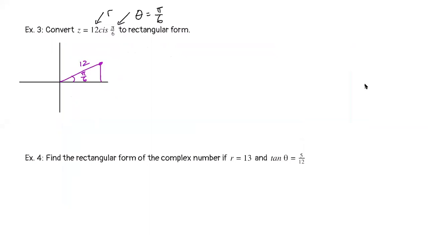Now, I need to find x and y, or consider them as sort of your a and your b. So this bottom side we could say is a, and the vertical side we could say is b. So how can I find a and b given what we know about right triangles?